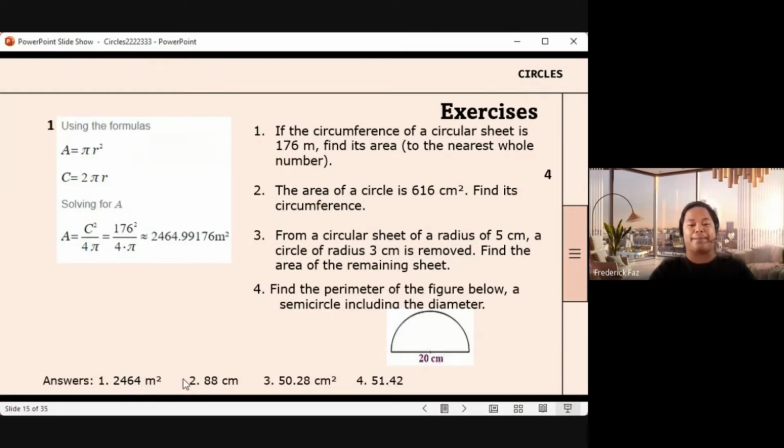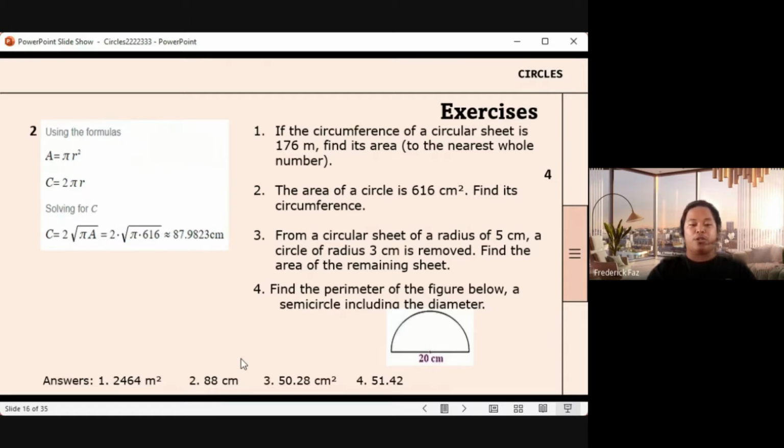So, it should be 2465 in nearest whole number po. 2465 po yan dapat. For number 2, the area of the circle is 616 square centimeters. Find its circumference. Kanina po, ang given ay circumference, ang hinanap ay area. Ngayon naman po ay, ang given ay area, and we are finding the circumference po.